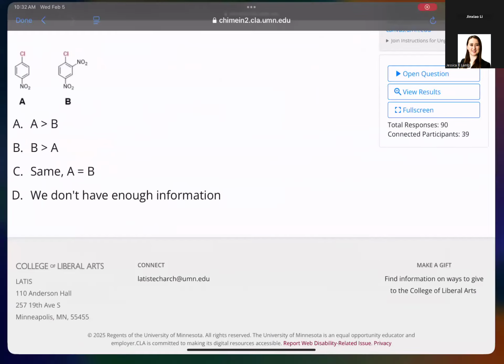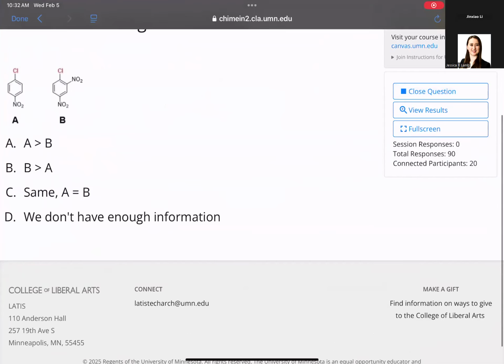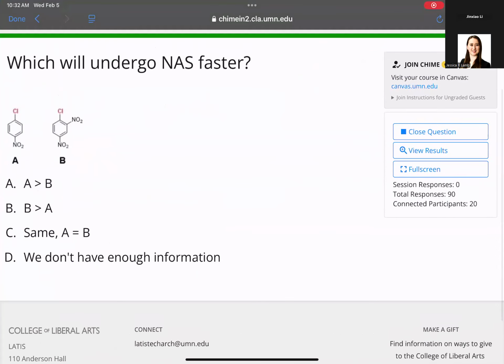This is our chime-in question for today. Not going to tell you the answer before I make you think about it. So now we are comparing one nitro group in the para position versus 2 nitro groups, one in the para, one in the ortho. Which one will undergo NAS faster?